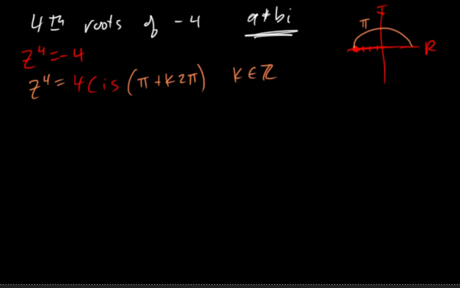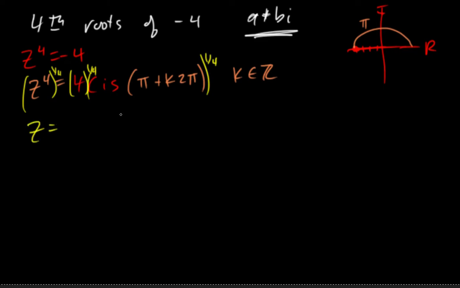Okay, from here we raise both sides to the 1/4. Just going to look like that, so we get z. Now 4 to the 1/4, we could think of that as 4 to the 1/2 raised to the 1/2. 4 to the 1/2 is just the square root of 4, so that's a 2.